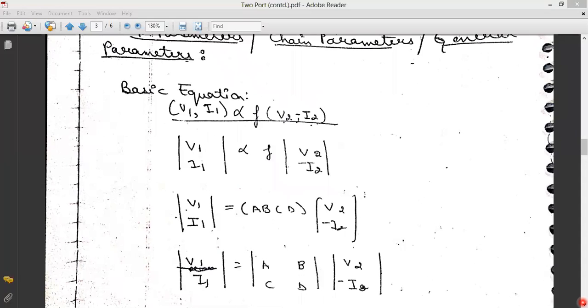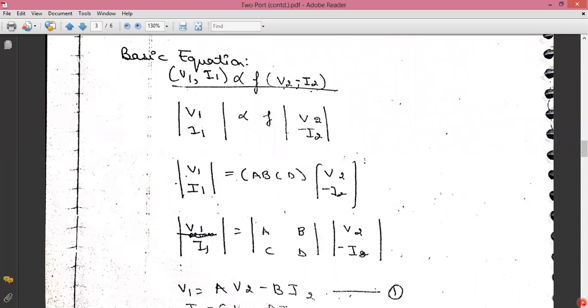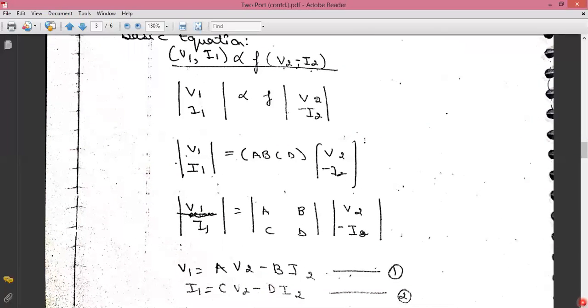V1 is equal to AV2 minus BI2 बनेगा? Yes, sir. And second equation क्या बनेगी? I1 is equal to CV2 minus DI2 बनेगा?